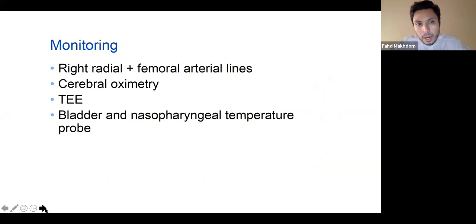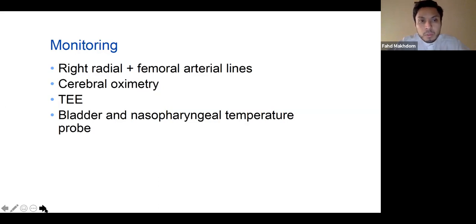The right radial is going to be damped when you clamp the artery, if you have only a right radial. When you clamp the artery to do the anastomosis, you have no pressure monitoring.